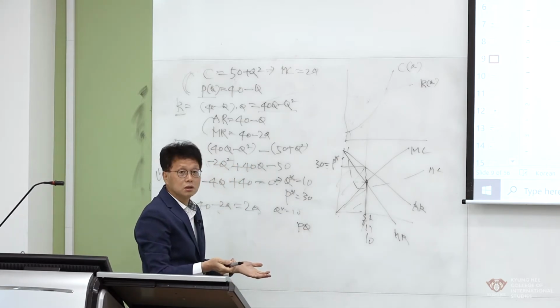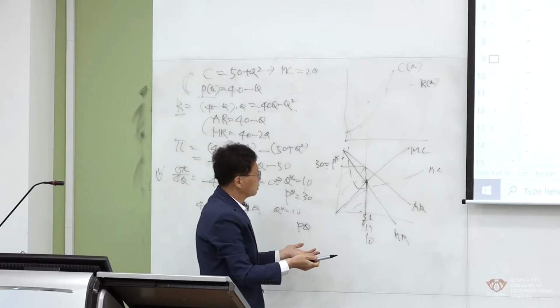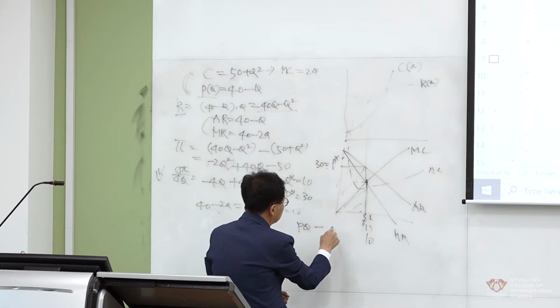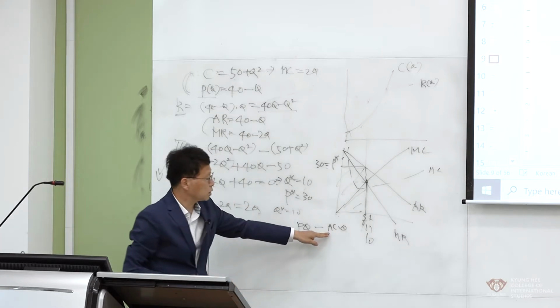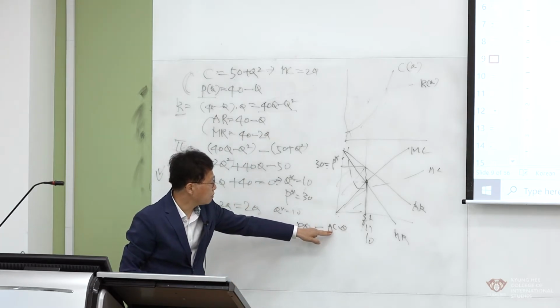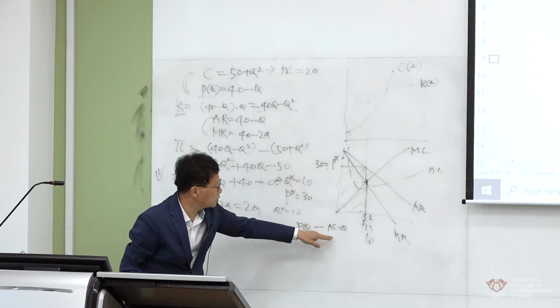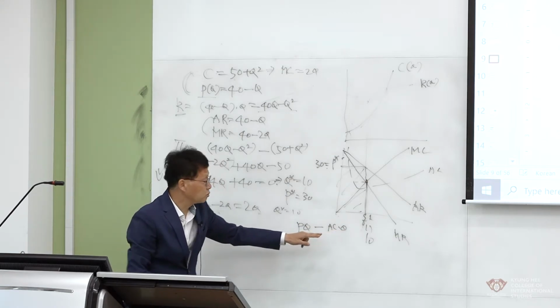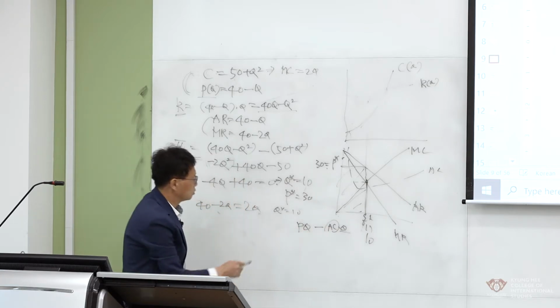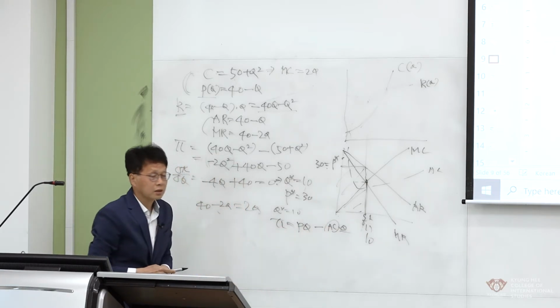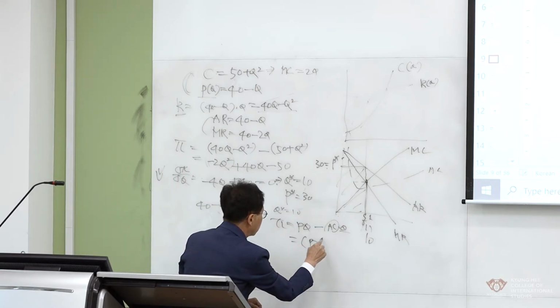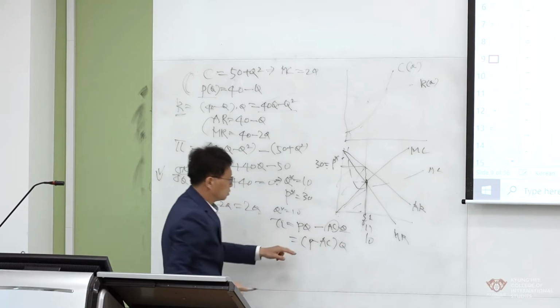Total cost is average cost multiplied by Q, because average cost is total cost divided by Q, multiplied by Q, then total cost is left. That is profit, right? Then we can rewrite it as P minus average cost, times Q.